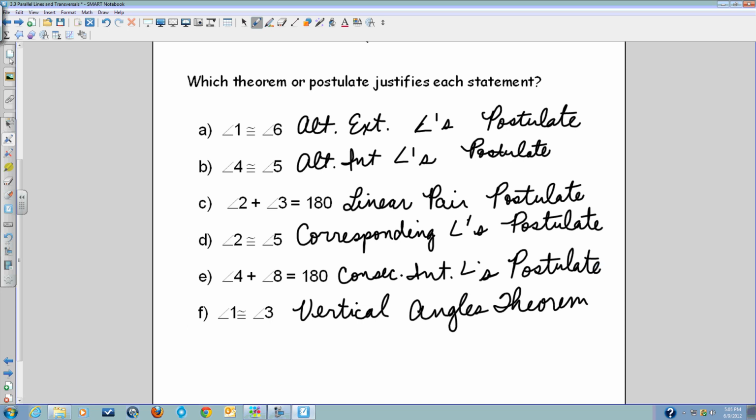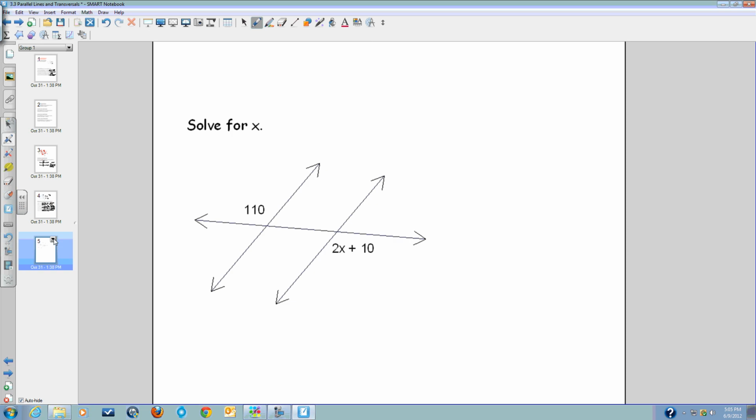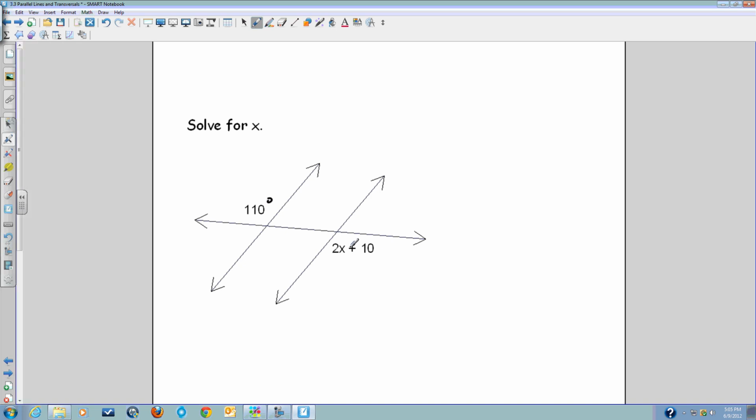Let's move on to the next page. We're given this diagram, and we're asked to solve for x. Well, this angle of 110 degrees and 2x plus 10 degrees, where they're marked, those are alternate exterior angles. I do want to give you some information on this before we begin.